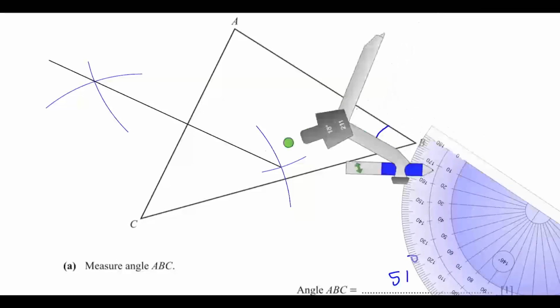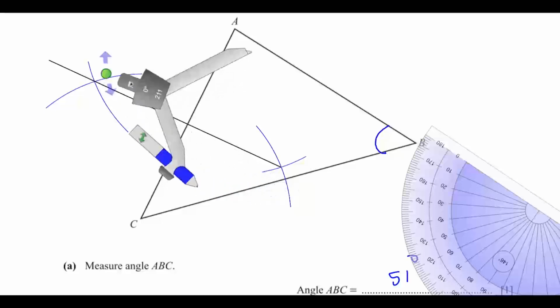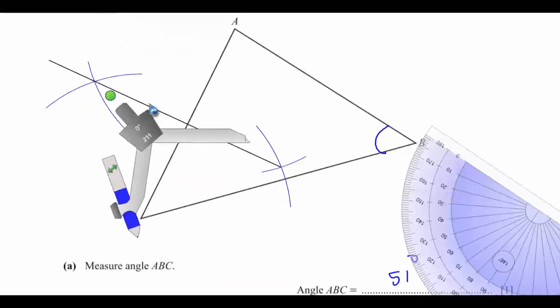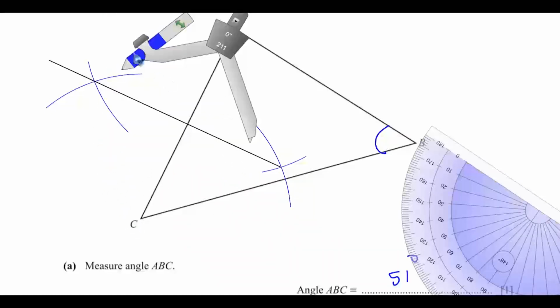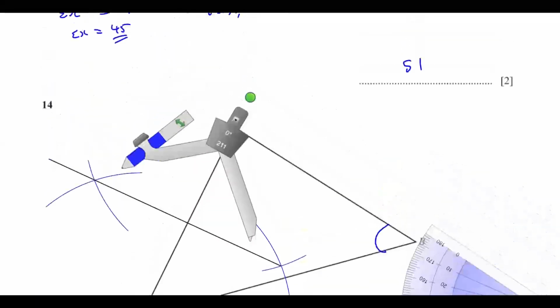That's what we need to do. So we need a ruler now, to measure 6 centimeters.